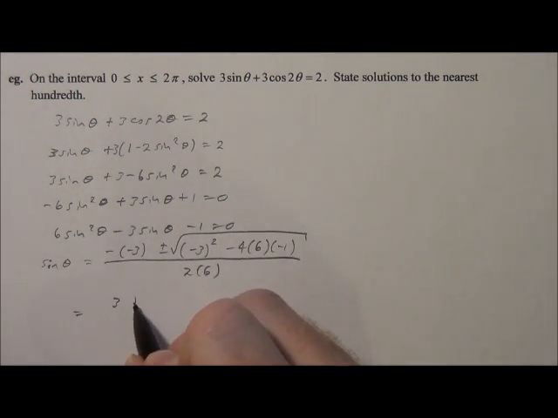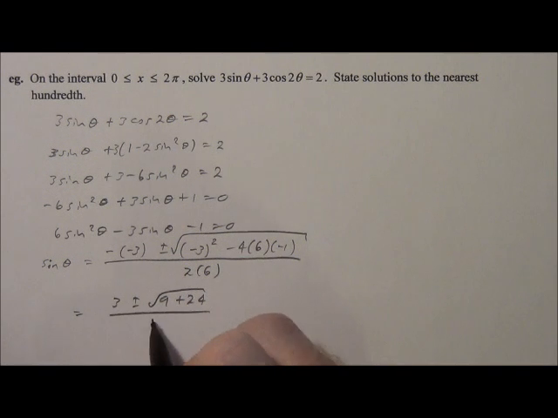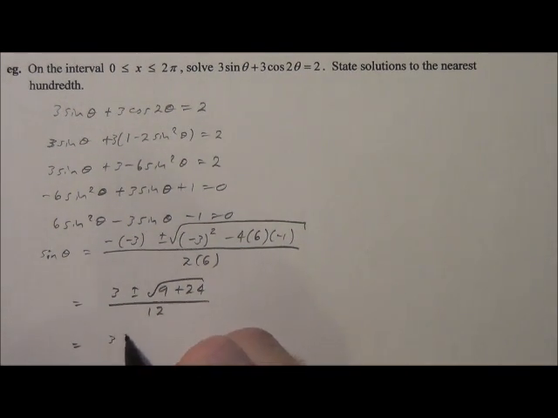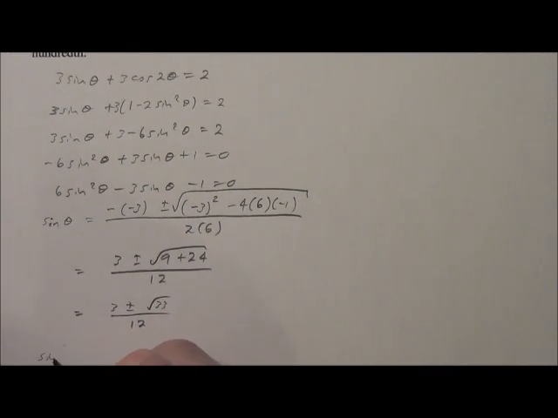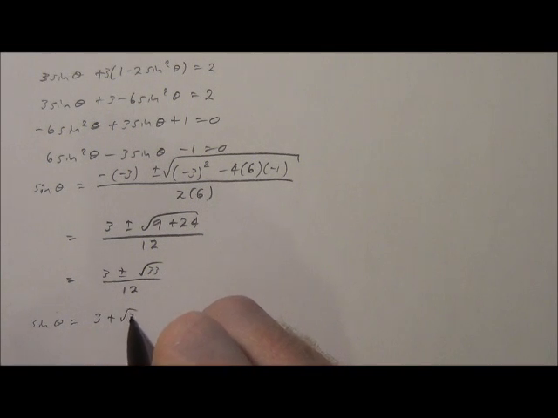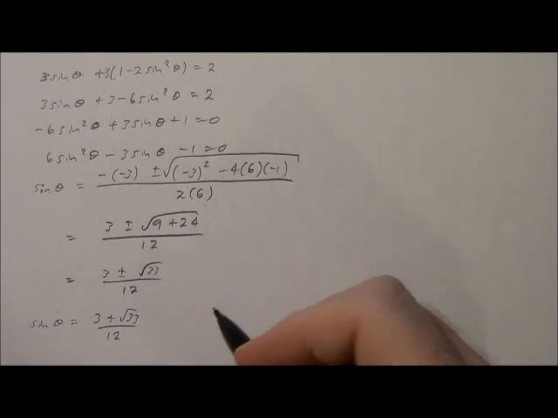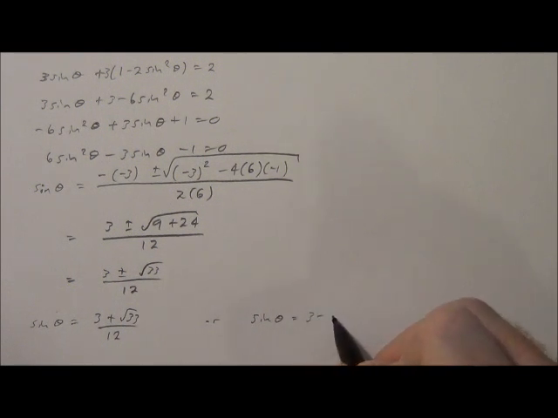And we'll just simplify this here. So sine theta then is 3 plus root 33 over 12, or 3 minus root 33 over 12.